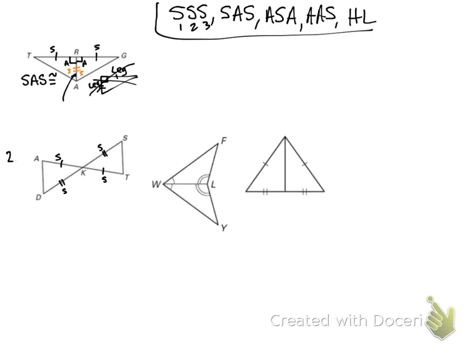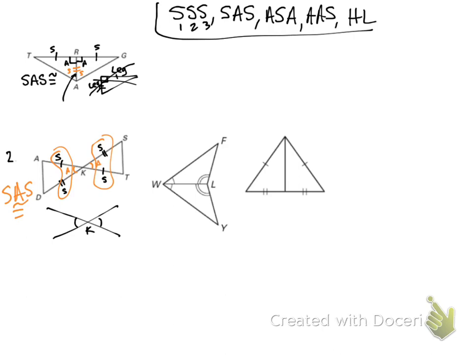If we thought about this angle here, we know that these are vertical angles. So I know that this angle here, I'm going to add this in orange, is equal to this angle, because of the vertical angles theorem that we've talked about before. And so now we have side angle side and side angle side. So these are congruent by side angle side congruence.